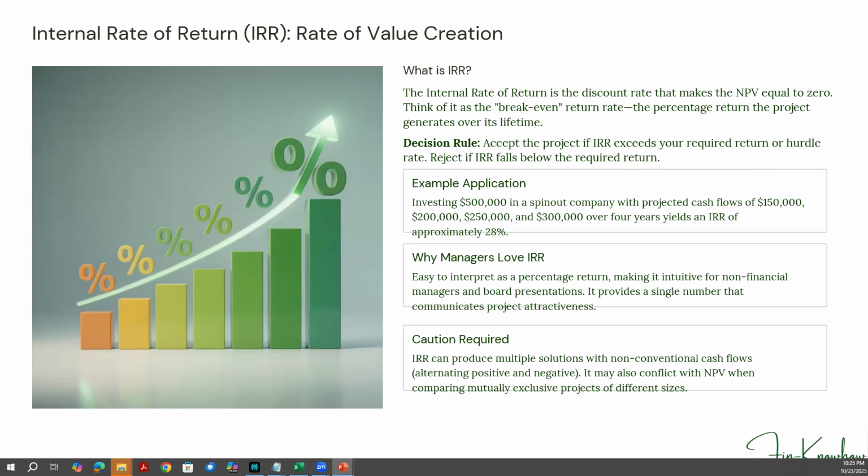Rather, if the costs also start to occur over a period of time, and there are positive and negative cash flows over the time horizon of the investment, sometimes you can get results which are quirky. And in those cases, the conclusions that you draw from the analysis may conflict with the NPV method. But as I said earlier, NPV is the gold standard because it's theoretically the most sound method. You are not constraining the calculation in any way.